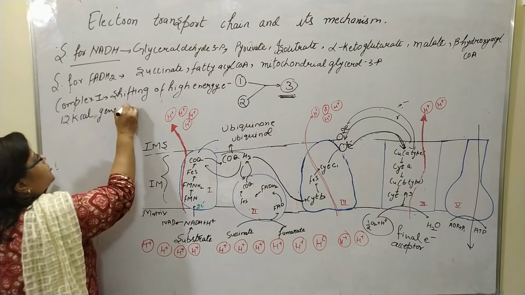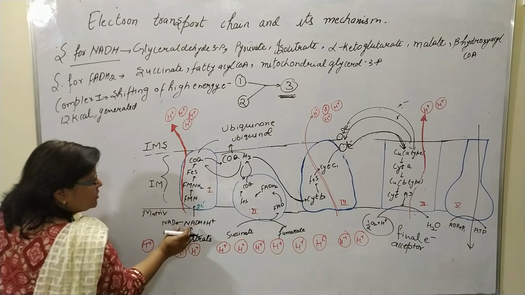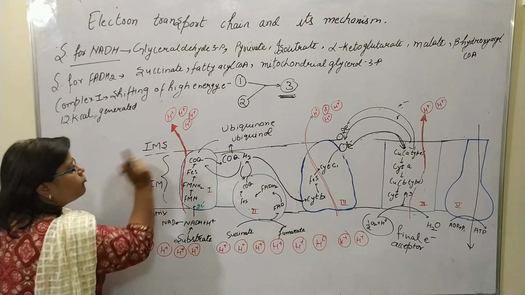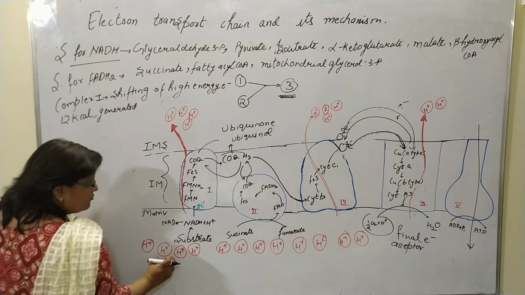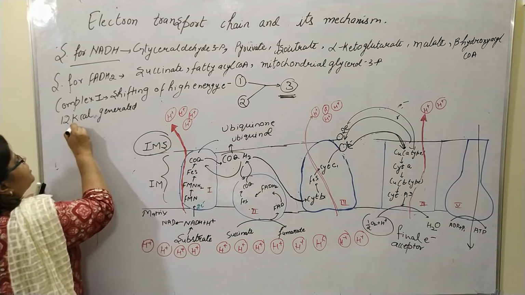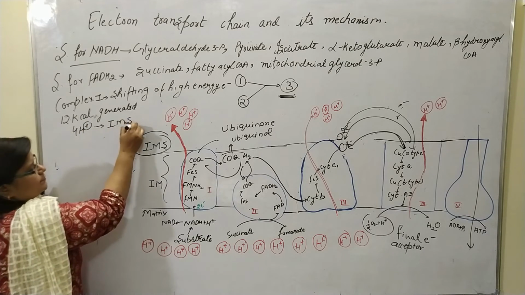This energy is utilized to throw 4 protons from the matrix to the intermembrane space.